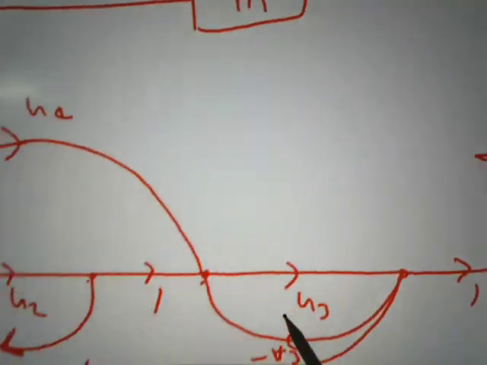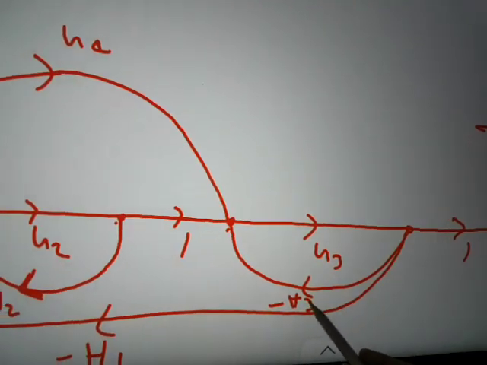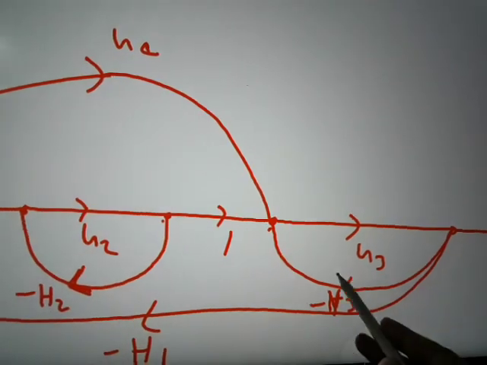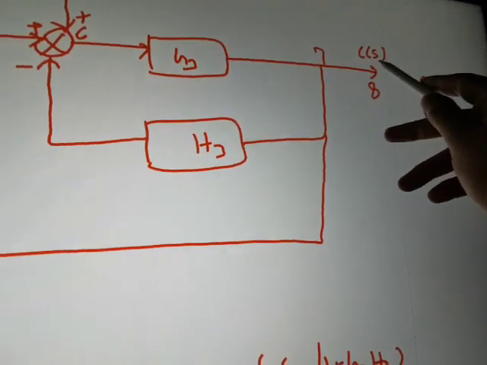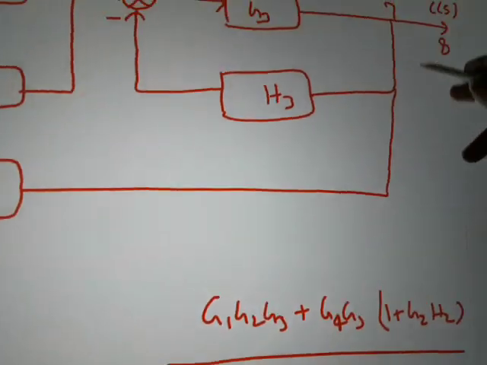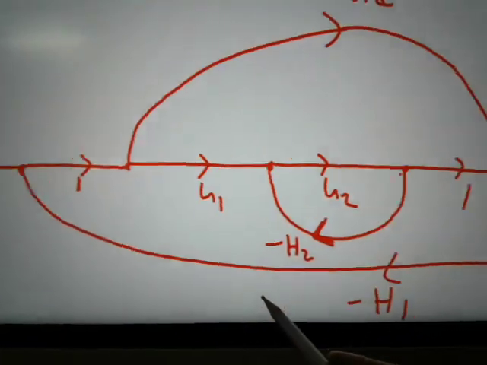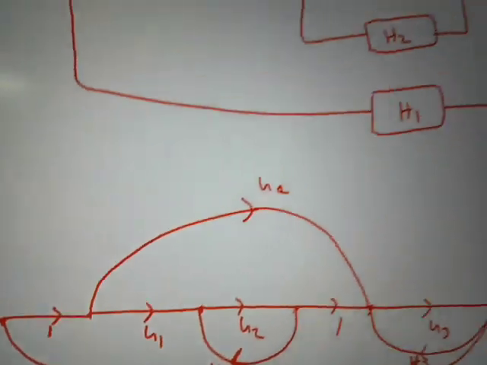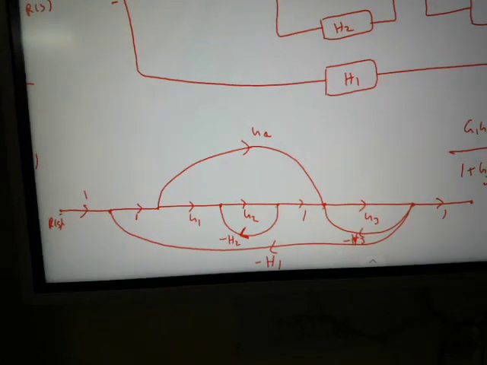From 7 to 8 nothing is given, so the gain is 1. From 7 to 3 the gain is H1. So just from the block diagram we draw the SFG.